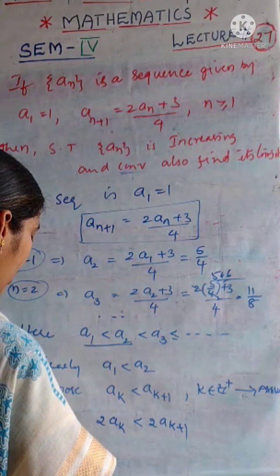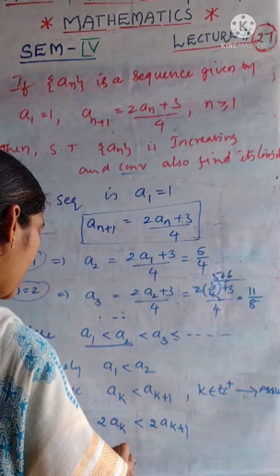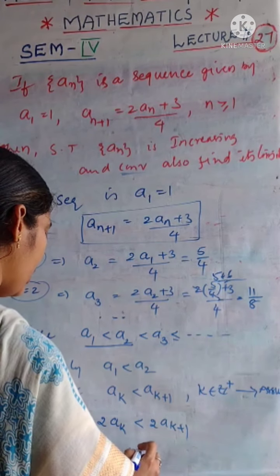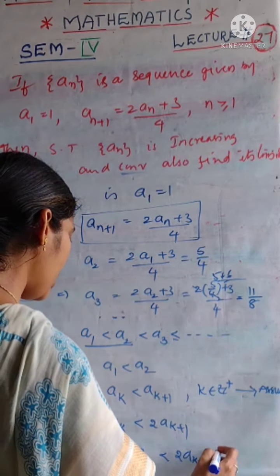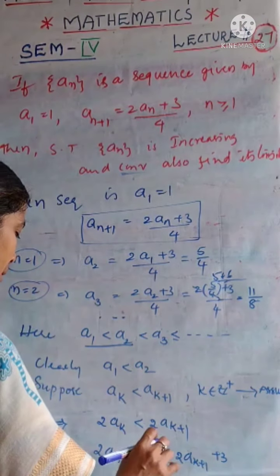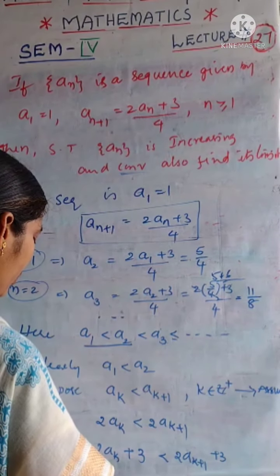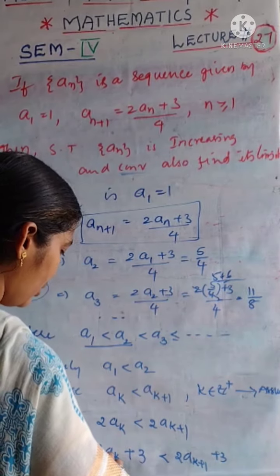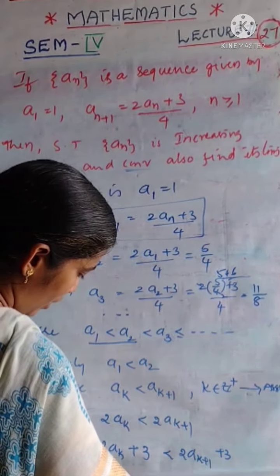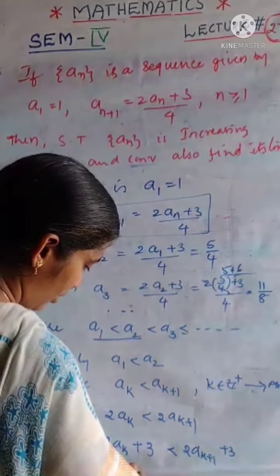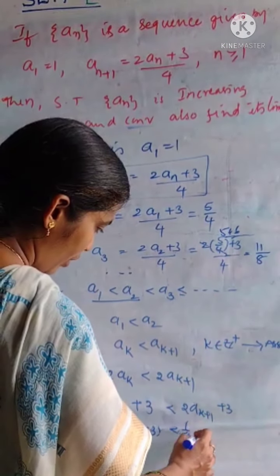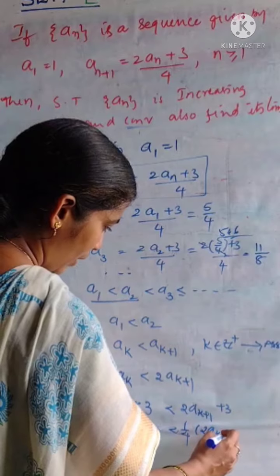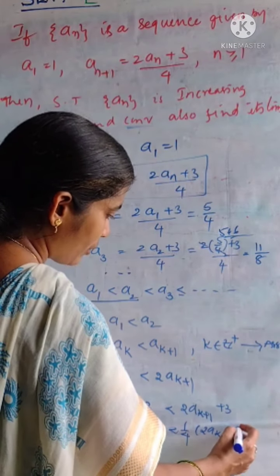And adding 3 on both sides, there is no change in the inequality because 3 is a positive quantity. Now multiply this inequality with 1/4. Then 1/4 is a positive term, so there is no change in the relation: (2a_k + 3)/4 is less than (2a_{k+1} + 3)/4.